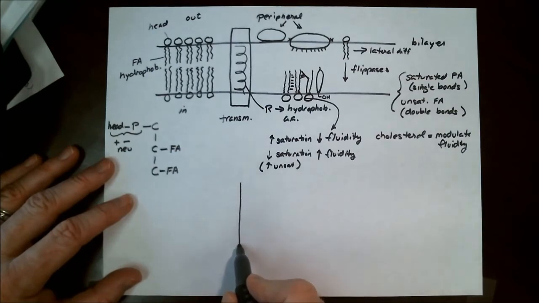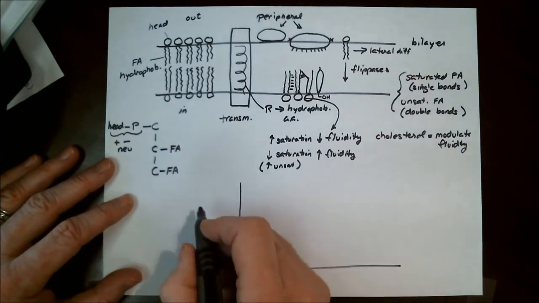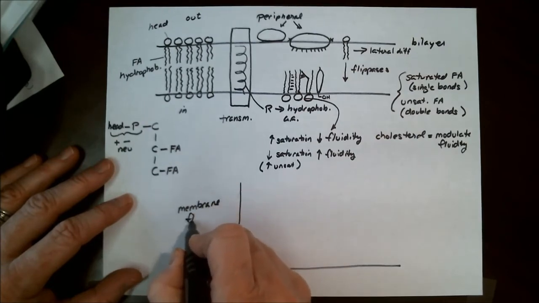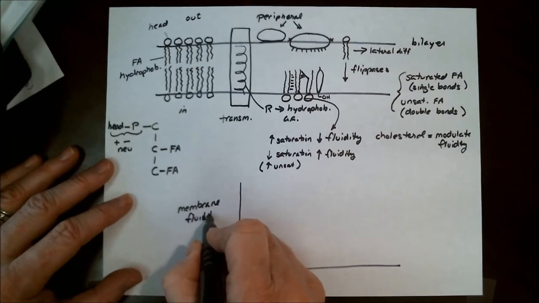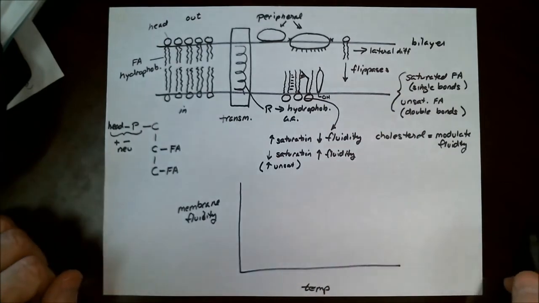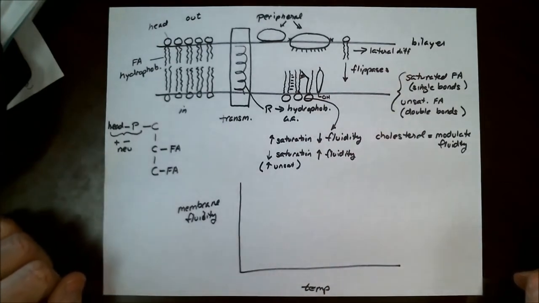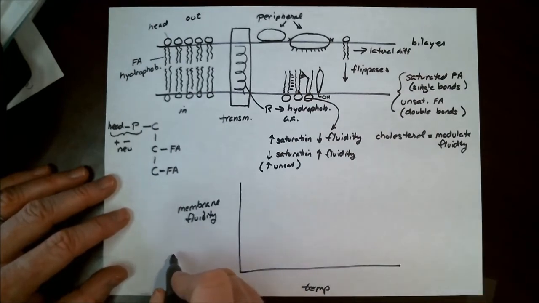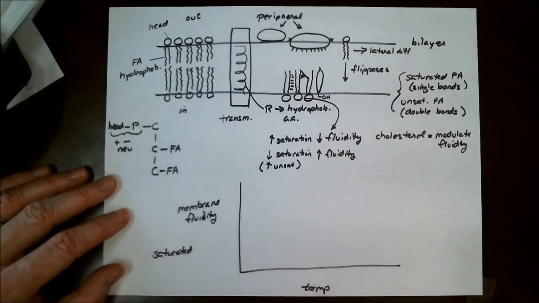Now, how does this look if we draw a graph of membrane fluidity that we're measuring versus temperature? Now, we know that temperature will act as the energy source to disrupt bonds, and so if we have a pure substance, a pure saturated fatty acid, think back on organic chemistry.